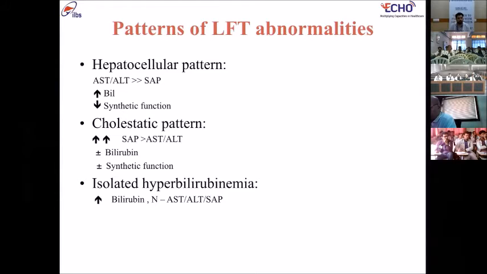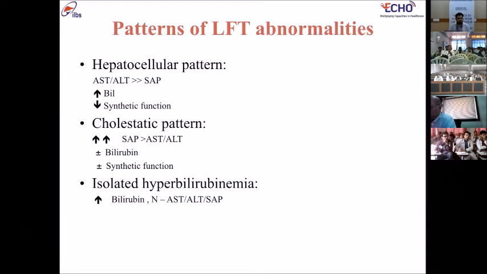Cholestatic pattern is basically elevation in the alkaline phosphatase, plus there can be elevation of the bilirubin. The synthetic function is usually not impaired in the cholestatic pattern unless it is an intrahepatic cholestasis. In extrahepatic cholestasis, it is usually preserved.